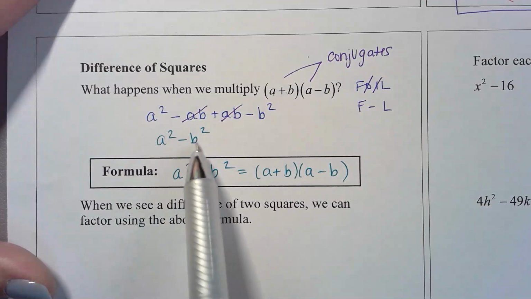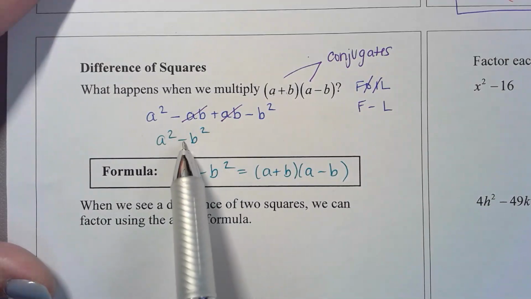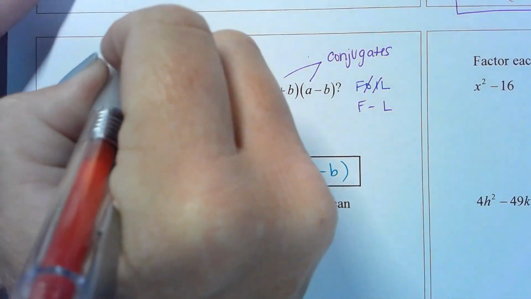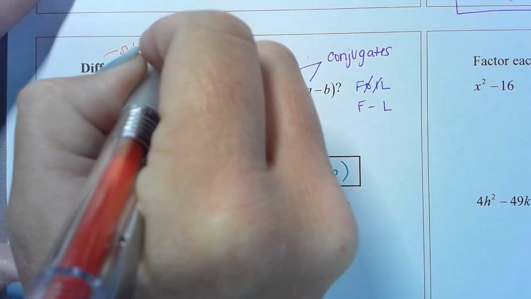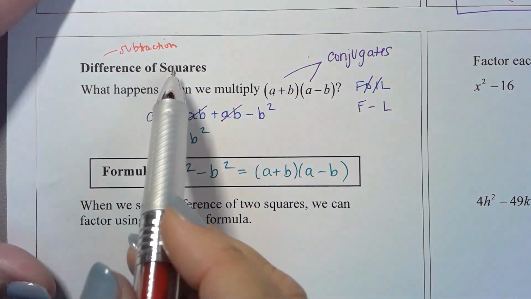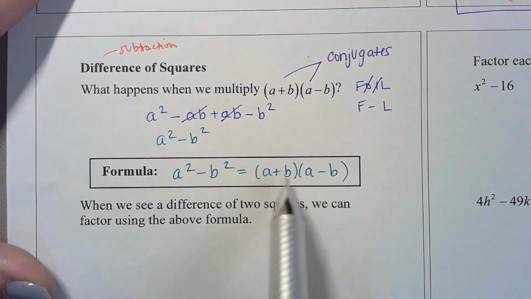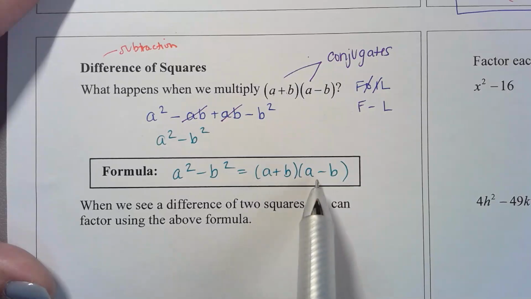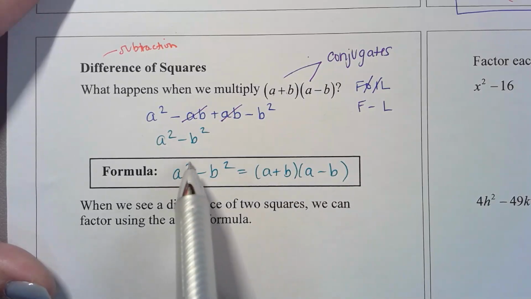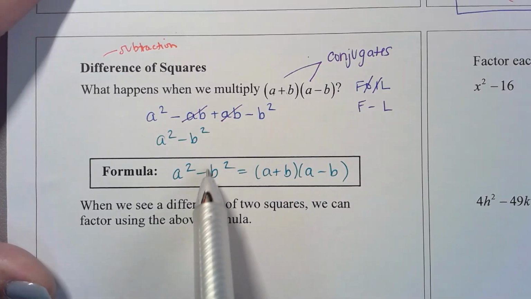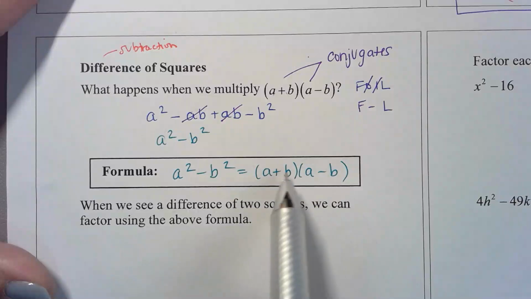If you have two perfect squares with subtraction between them, a difference, remember difference means subtraction. So if you have a difference of two perfect squares, that will factor into two binomials. They'll be conjugates. You're going to take the square root of a squared, and you get a. You're going to take the square root of b squared to get b, and you put a plus or minus between them. Okay?